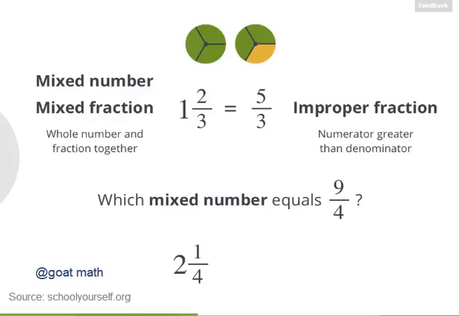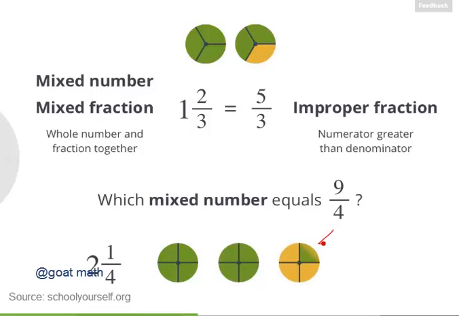Exactly, 9/4 equals 2 1/4. To see that, you can draw out all 9/4. Here are 4/4, and here are another 4, giving us a total of 8. So let's add one more over here, giving us a total of 9/4. And as you can see, this is equal to 2 1/4.